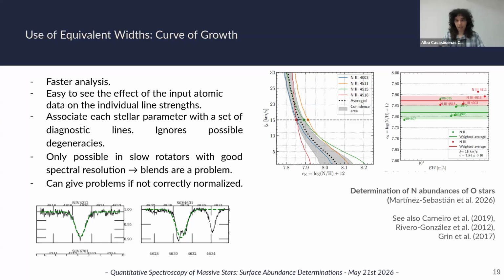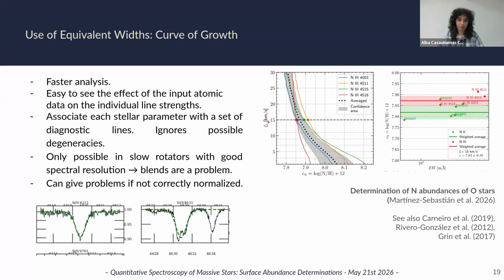And here on the right, I'm showing another work in which they also use this similar methodology, in this case for the determination of nitrogen abundance in O stars. And we can see how they determined the microturbulence and the nitrogen abundance.